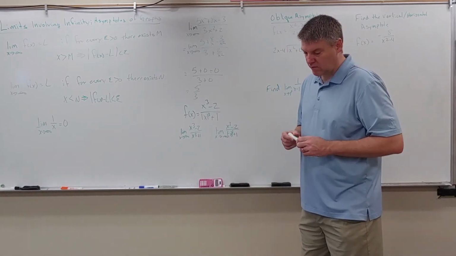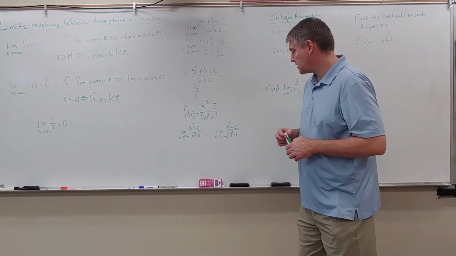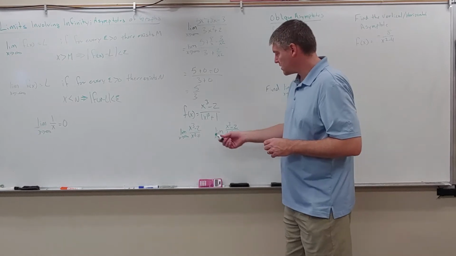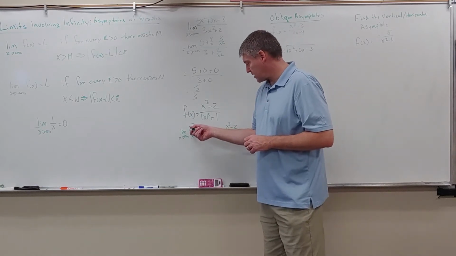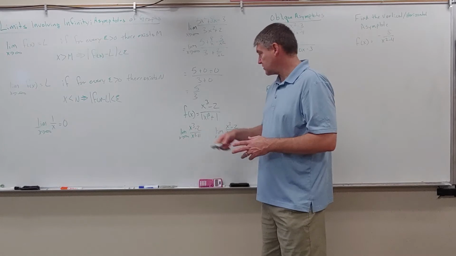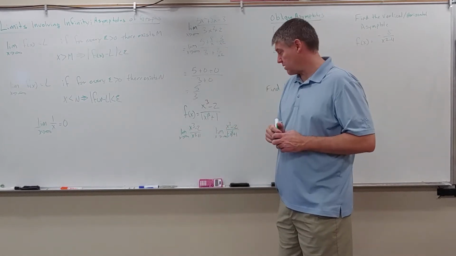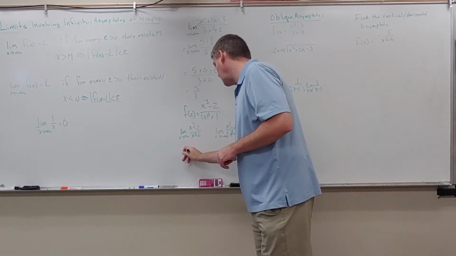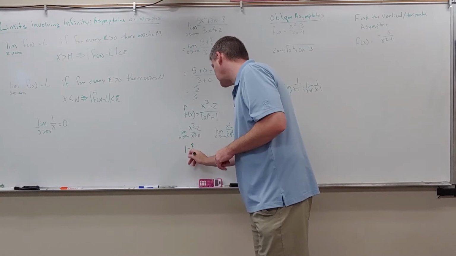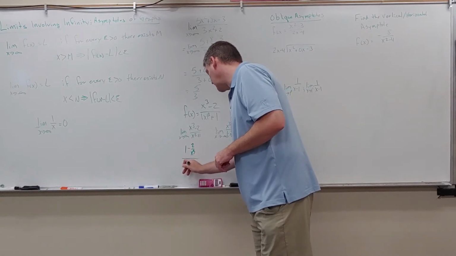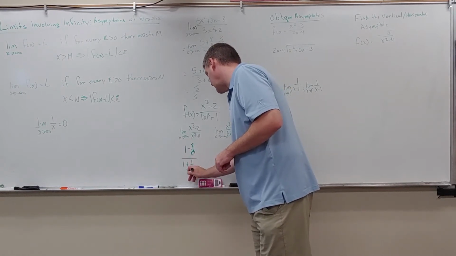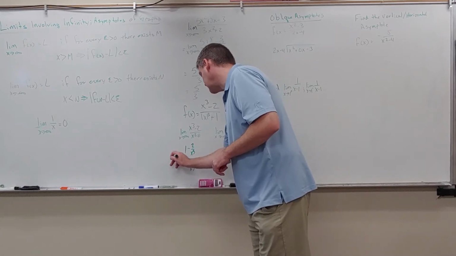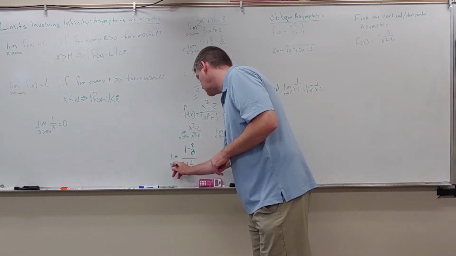Now let's look at what happens if I plug in infinity. We're going to use the same approach we did up here. So we have 1 minus 2 over x cubed over 1 plus 1 over x cubed, and this is the limit as x goes to infinity.